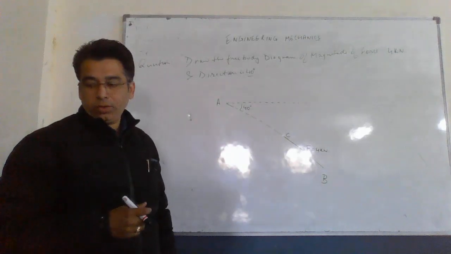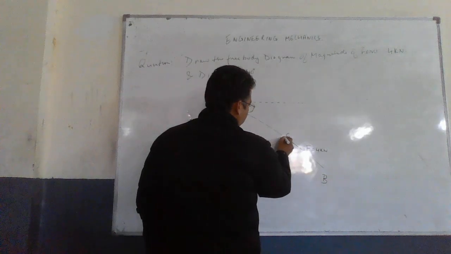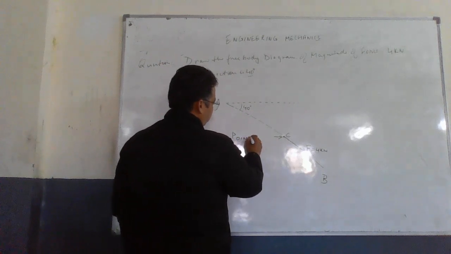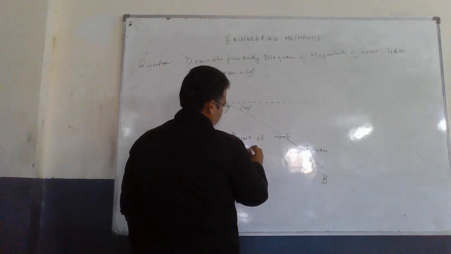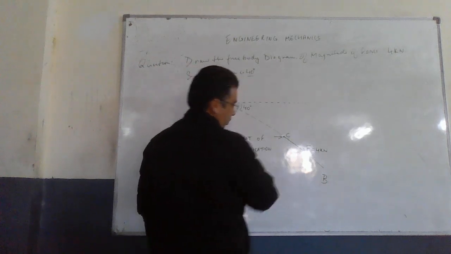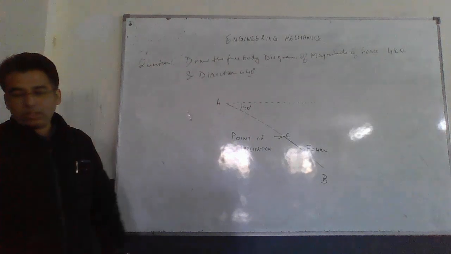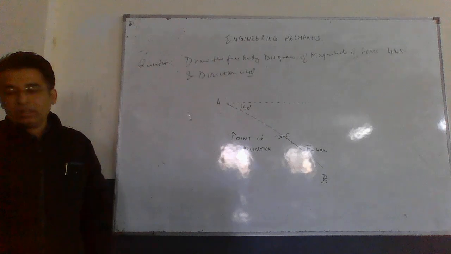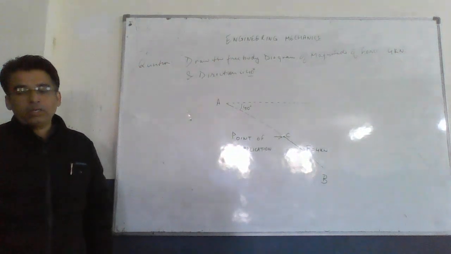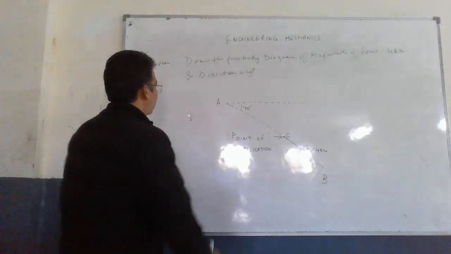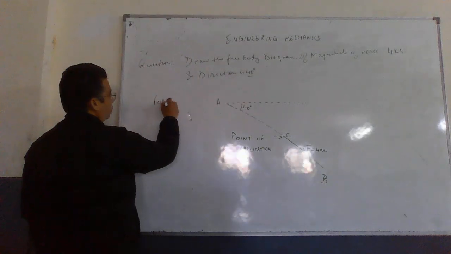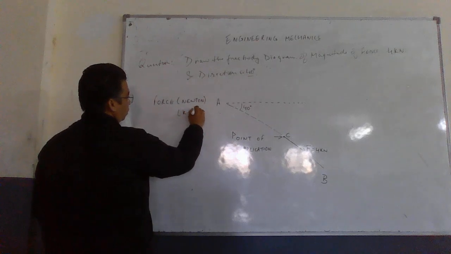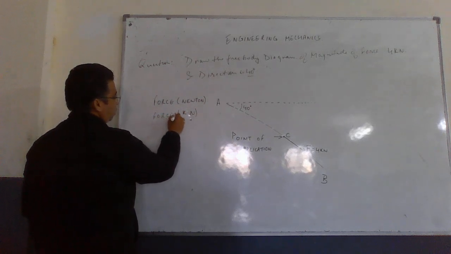I have generated 4 kilonewton, so the point of application is represented at this point C. When you have small magnitudes, small forces are represented in Newton, whereas large forces are represented in kilonewton.